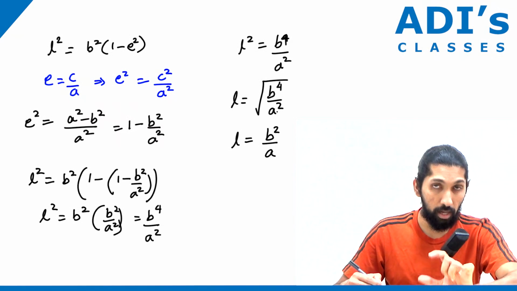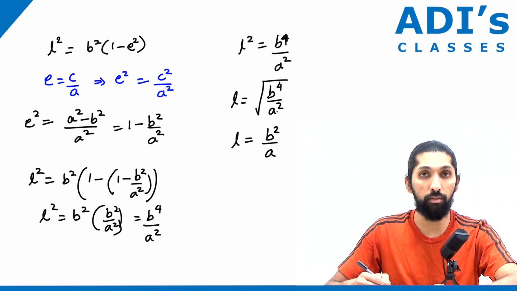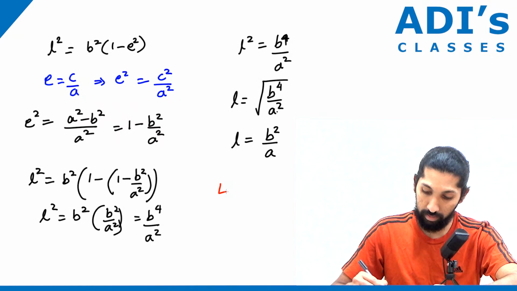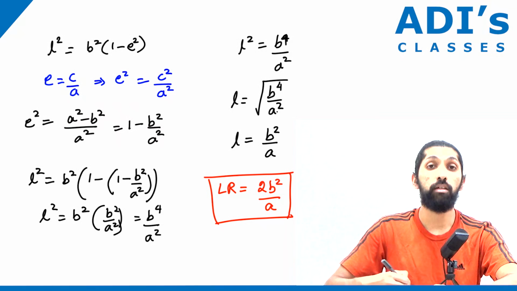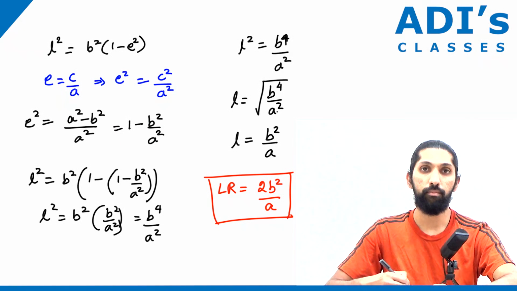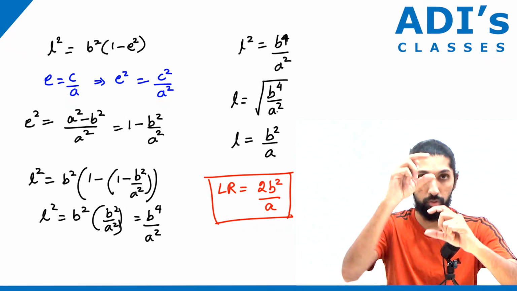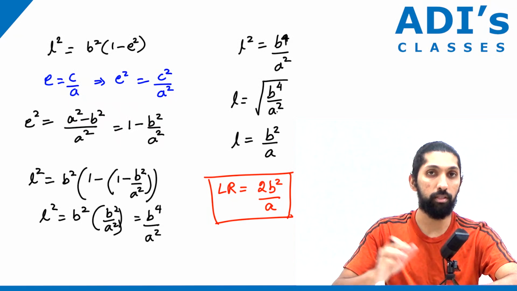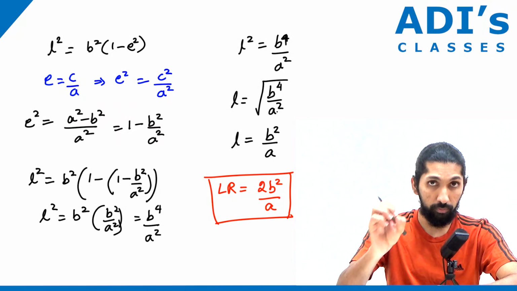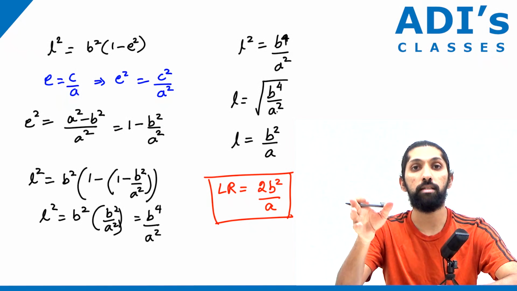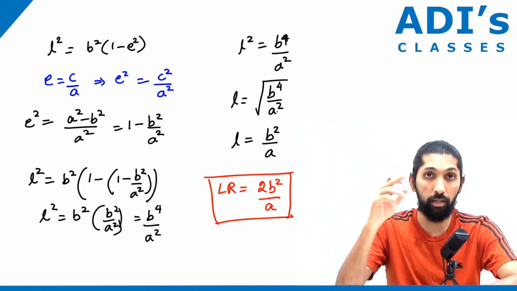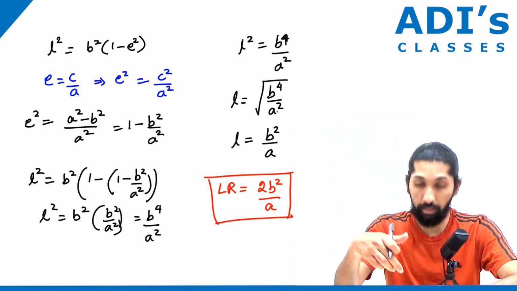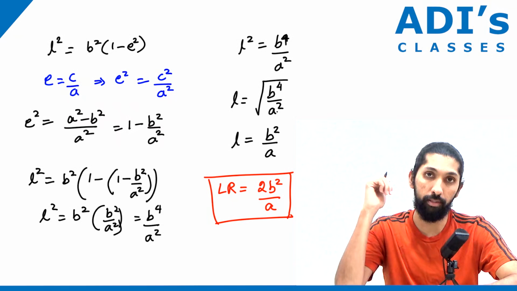Remember, this is just half the length. So what will be the total value? The total latus rectum is equal to 2b square divided by a. And this is going to give us the total length of the latus rectum. So above is L, below is L. So total is going to be 2L, which gives us this particular value, 2b square divided by a. Now, suppose the ellipse has the major axis as the y-axis, in the x square by b square form, then the latus rectum will become 2a square divided by b.